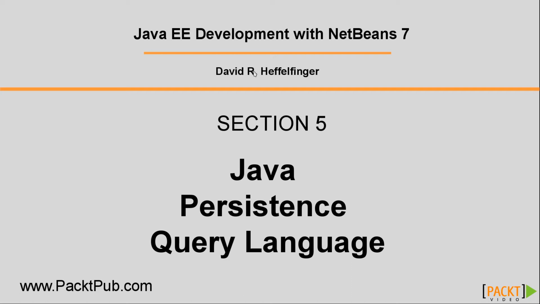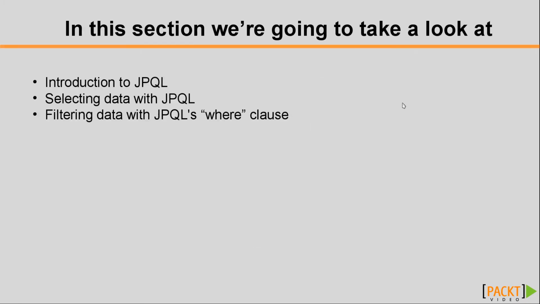So when we select or insert or update, we just use entities or Java objects in our queries as opposed to tables. In this section, we are going to give a brief introduction to JPQL. Then we'll see how we can select data with JPQL, and then how we can filter data using JPQL's where clause.